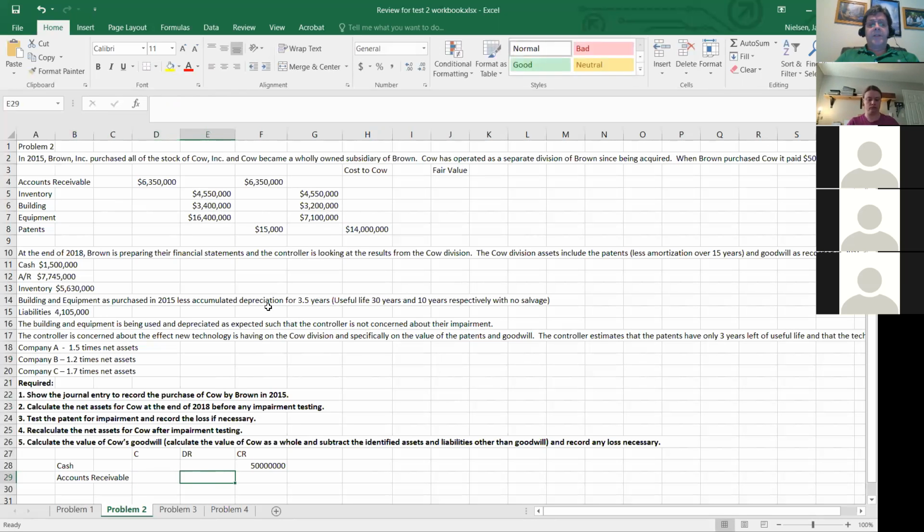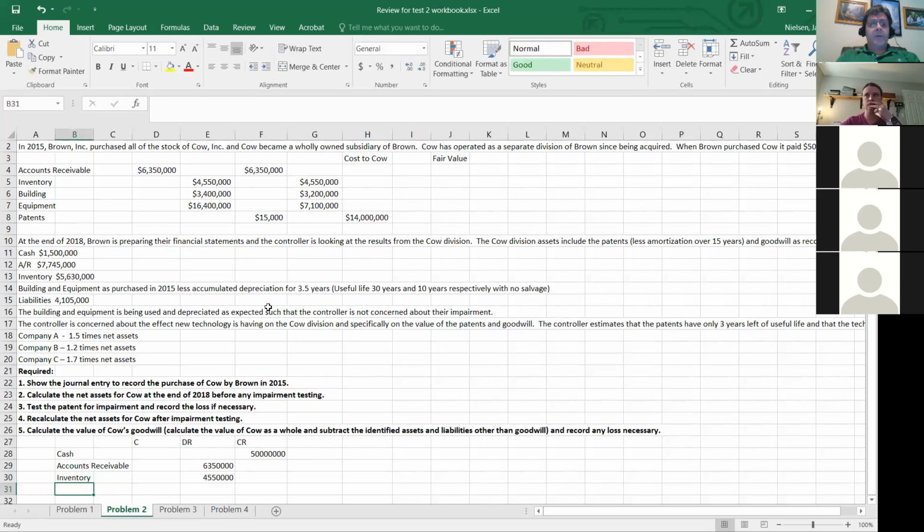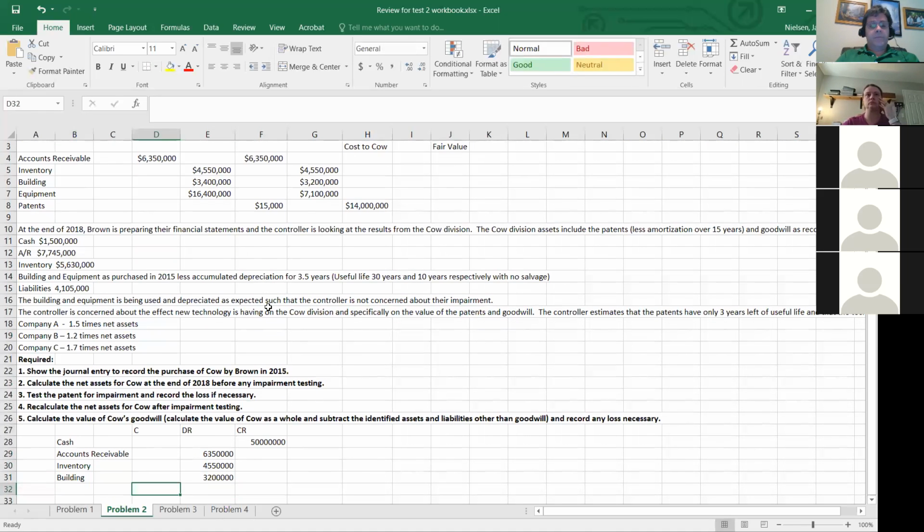So we're going to put the 6350123. We're going to put down the inventory. We're going to do the building. The equipment is worth quite a bit less than what its book value is, but we're using the fair value.